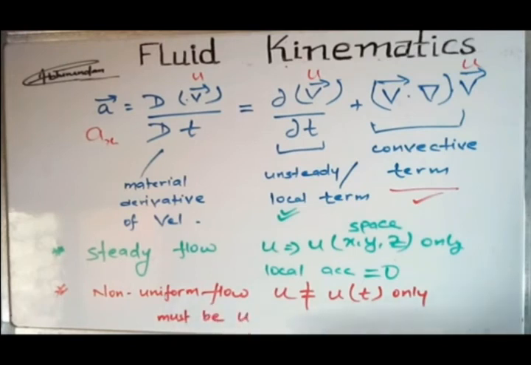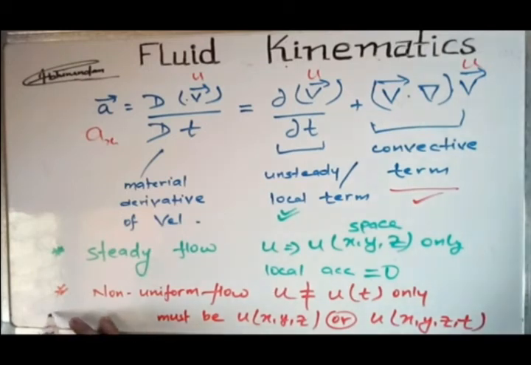So either u can be a function of space, that is x, y, z alone, or it can have both. u can be a function of x, y, z and time also.